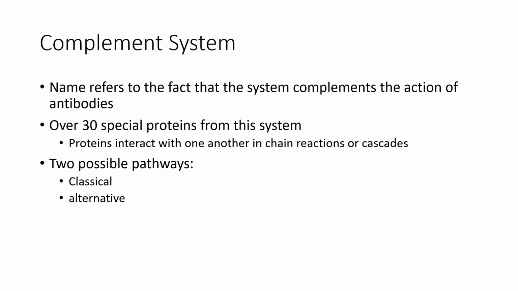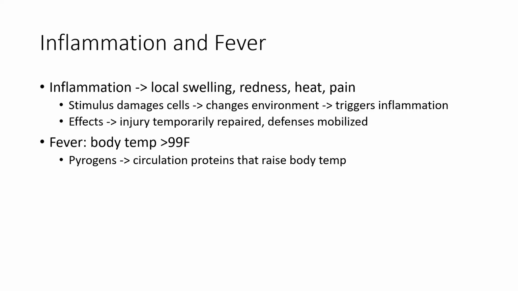One thing I will point out on the slide, don't worry about these two possible pathways. This is going to be a part of your non-specific resistance that's going to be a little bit more relatable, I think, than anything else. This is going to be inflammation and fever. The purpose of inflammation, make sure you write this down, is to get more blood to the area.